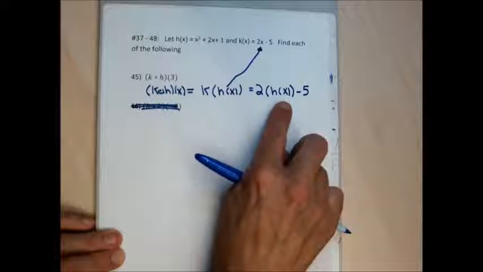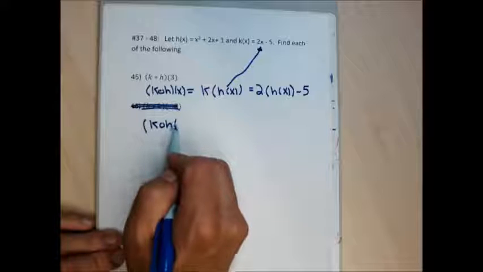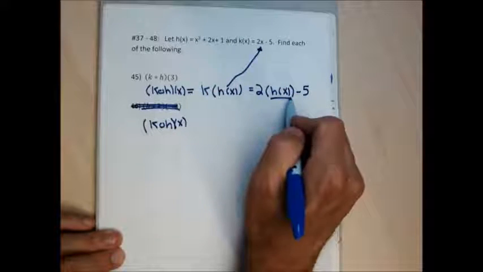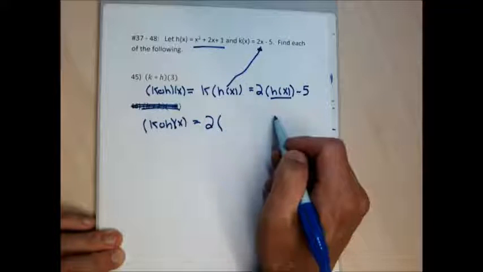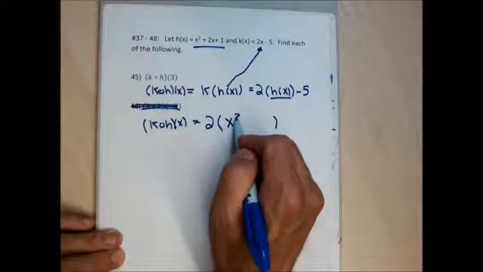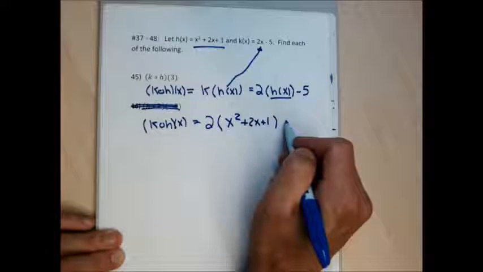And now on the next line, I'm going to change that h of x to x squared plus 2x plus 1. So this is going to change to that. And I'm going to get 2 parentheses, instead of the h of x, x squared plus 2x plus 1, and then the minus 5.